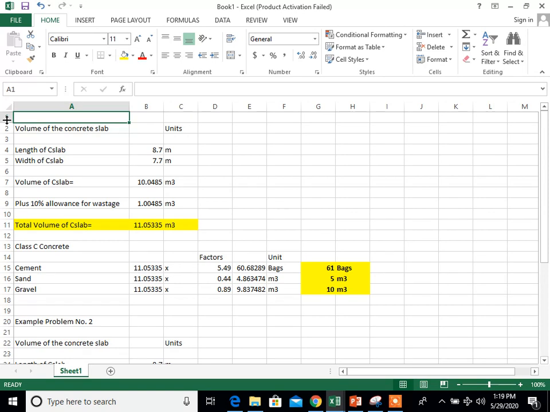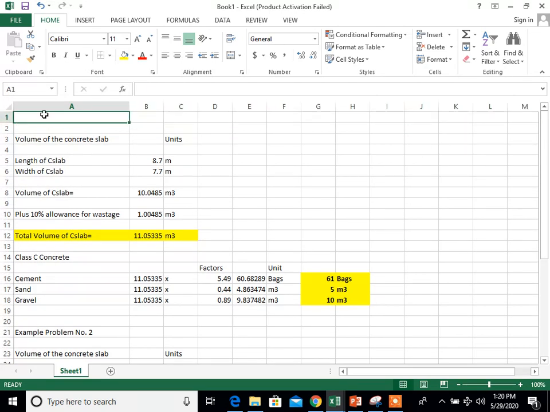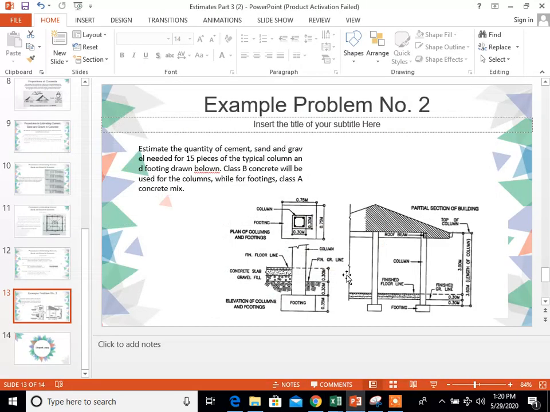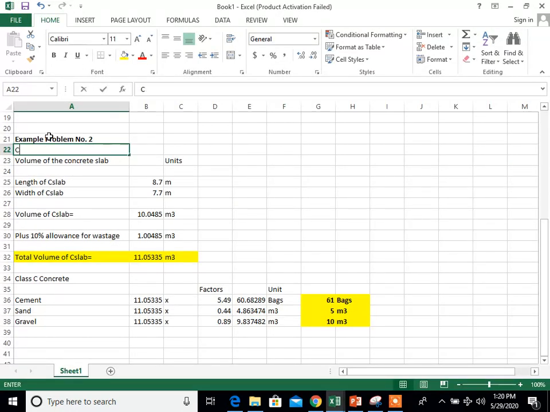So the first thing we should do is to determine the total volume of the concrete column. So concrete column first. For the concrete column, let's just change this to column.